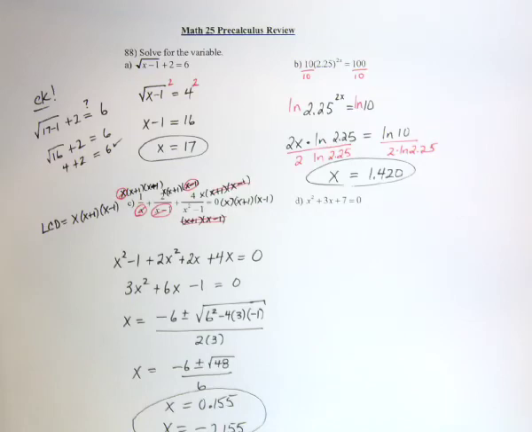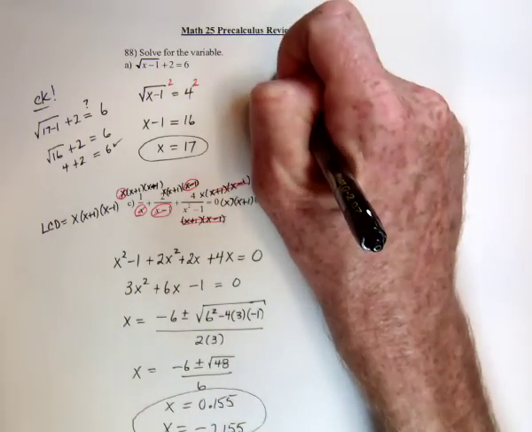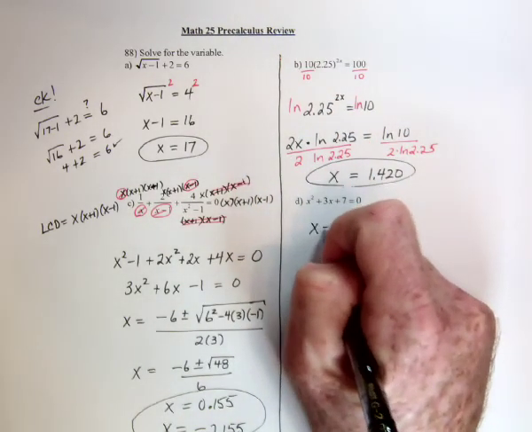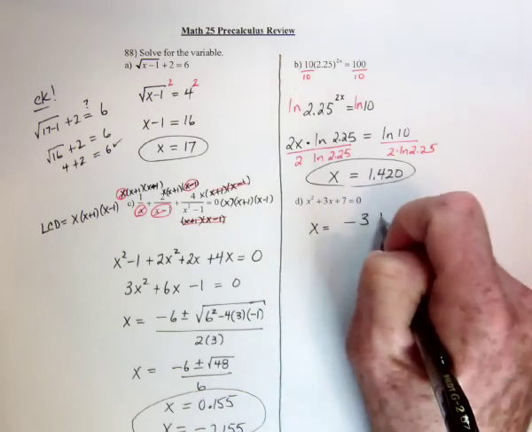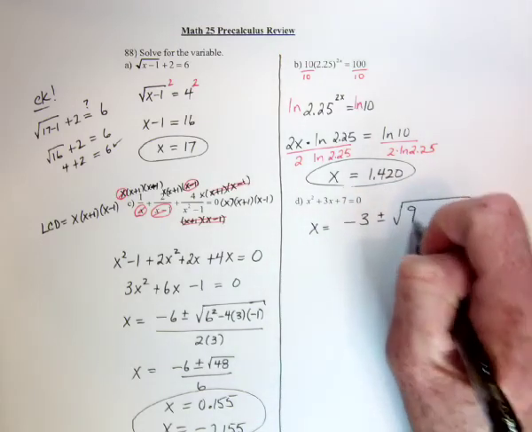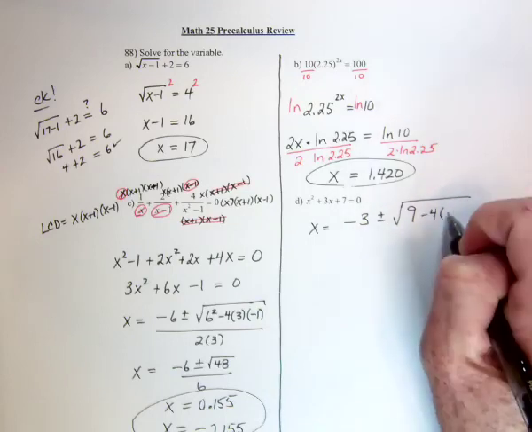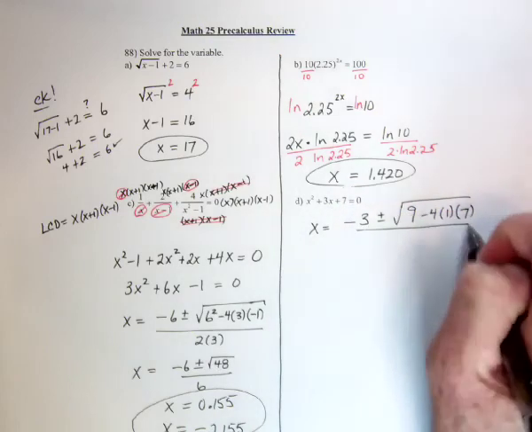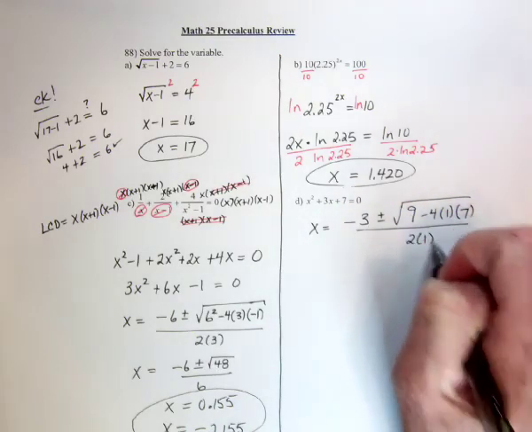All right, for the last part, that's just a straightforward quadratic formula. X is equal to negative b plus or minus the square root of b squared minus 4 times a and times c, and then 2 times a.